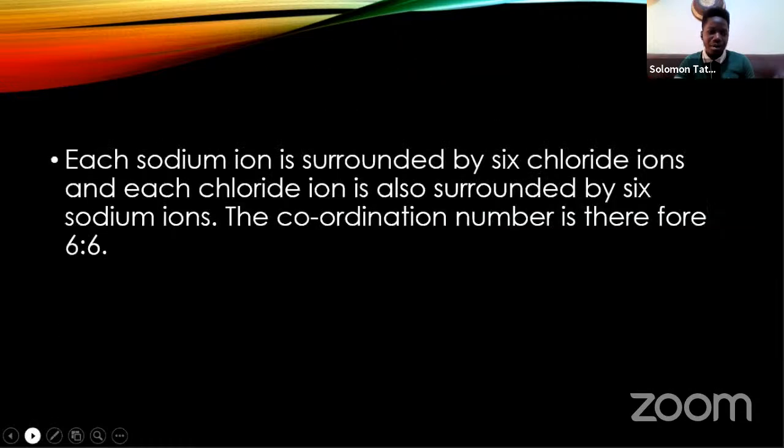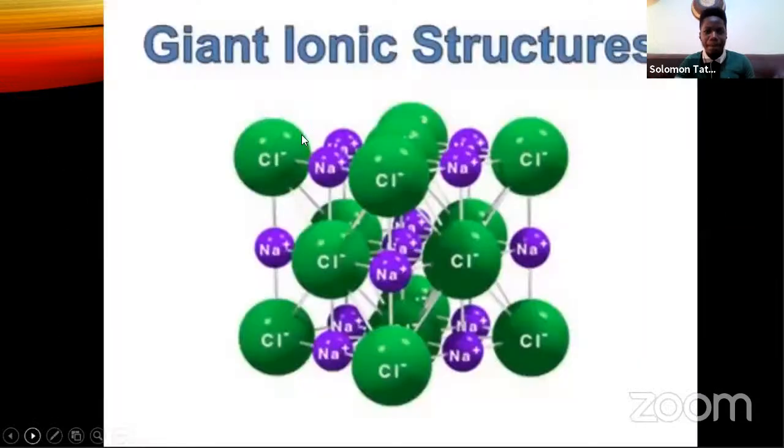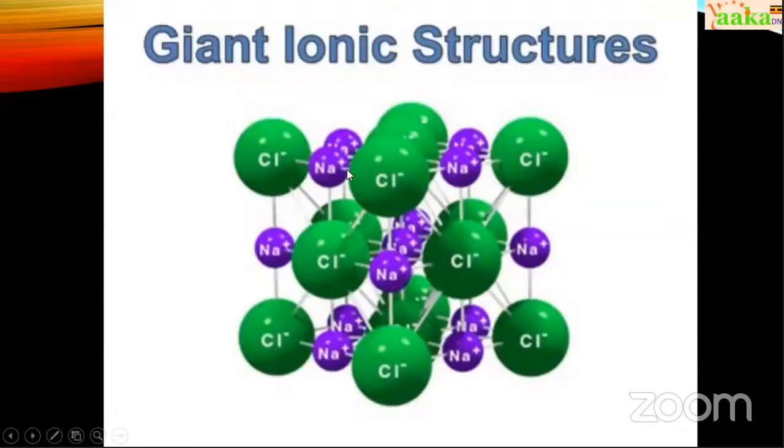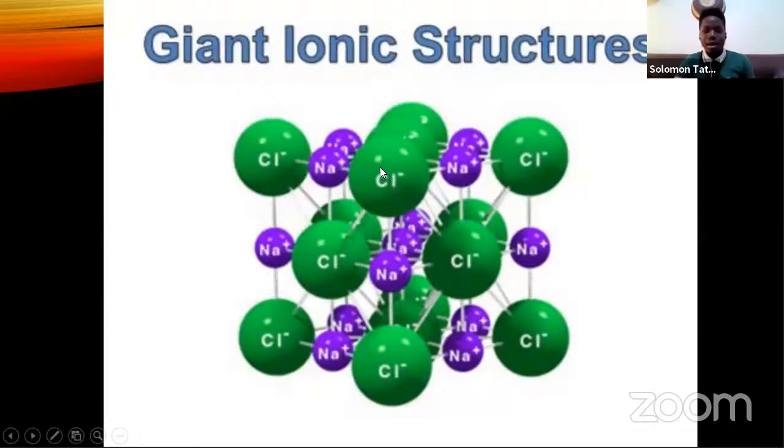Okay. So yeah, that is the giant ionic structure. Each sodium ion is surrounded by 6 chloride ions, and each chloride ion is surrounded by 6 sodium ions.